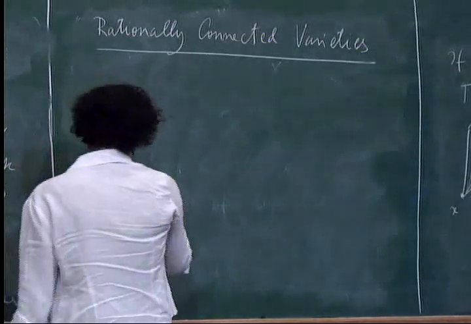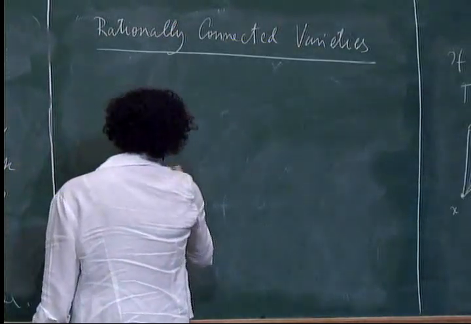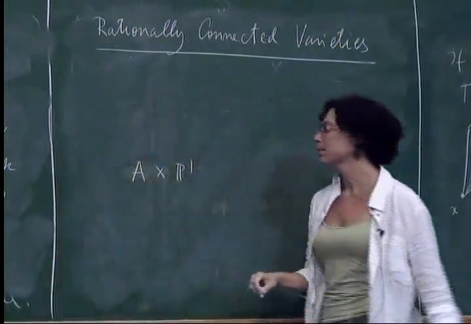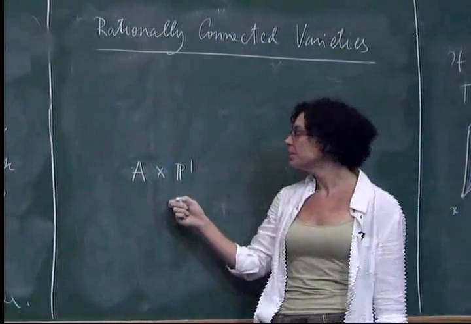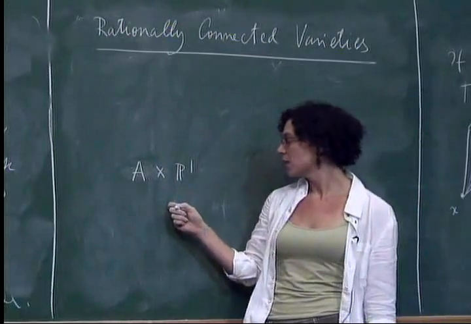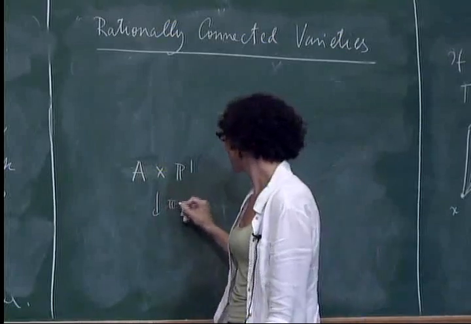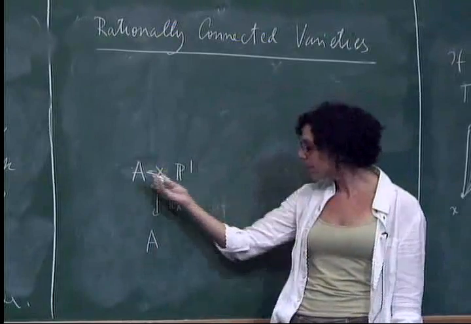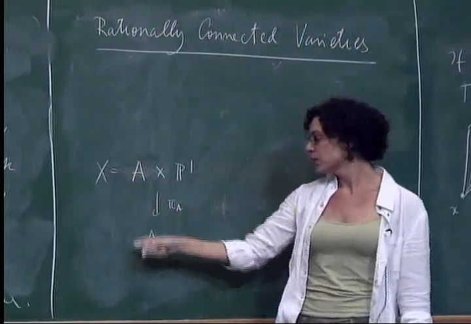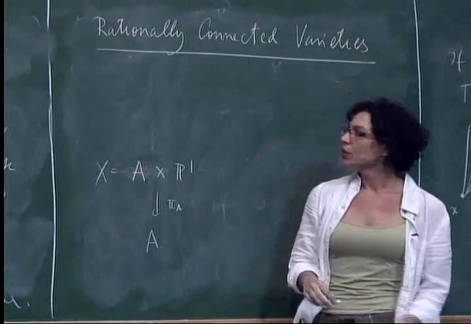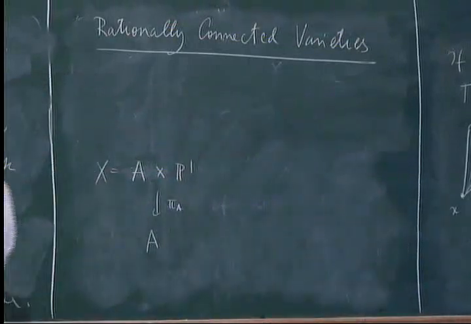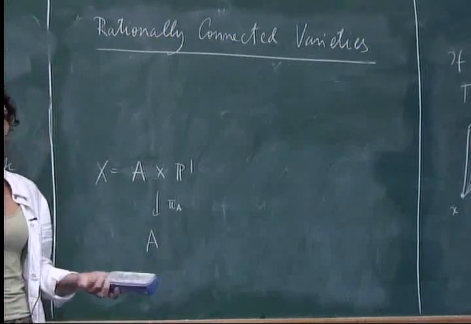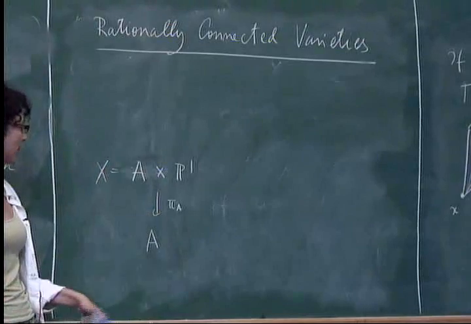Remember that we were looking at uniruled varieties, and then we considered, say, an abelian variety A, and I cross it with P1. Then this variety is uniruled, but all the rational curves will lie on fibers for the first projection. So studying rational curves will tell you something about X, but it won't tell you anything about A. So we are interested in the case when, by studying rational curves, we can say pretty much everything about X, or at least about some big open subset of X.